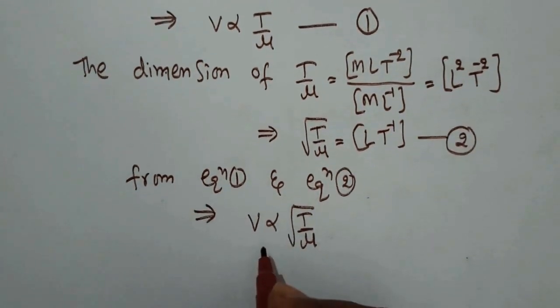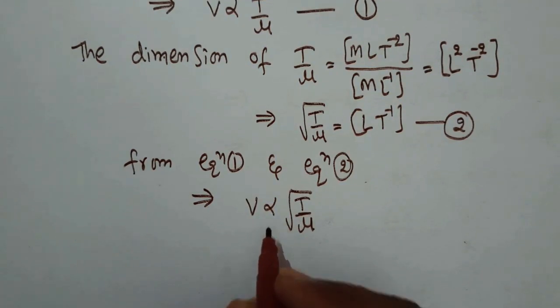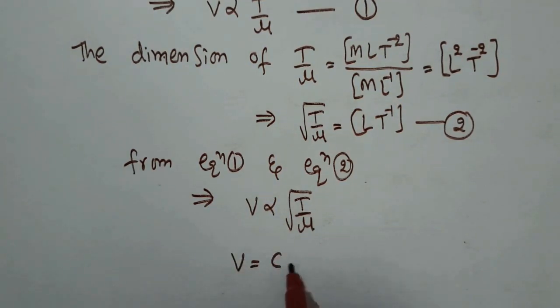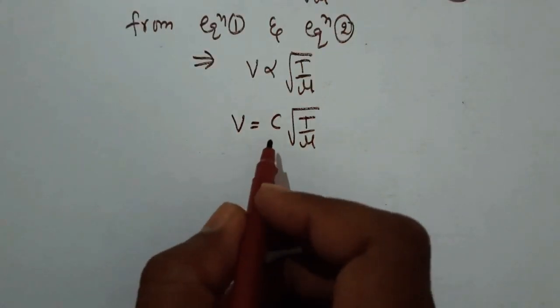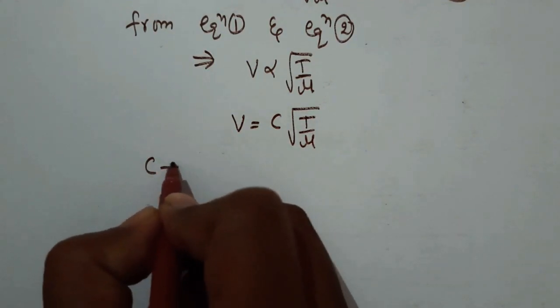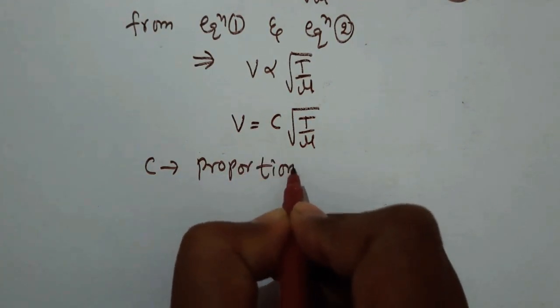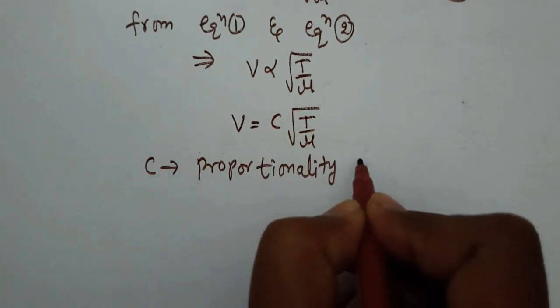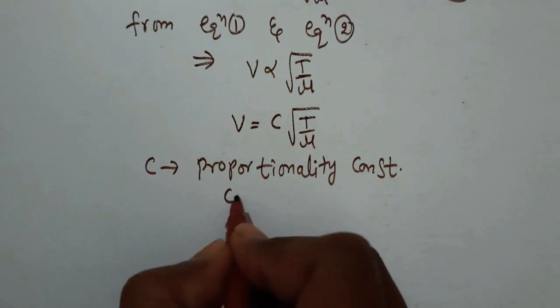So if we remove the proportionality, we can take a proportionality constant, here I am taking C square root of T by mu, where C is a proportionality constant and it is taken as 1.